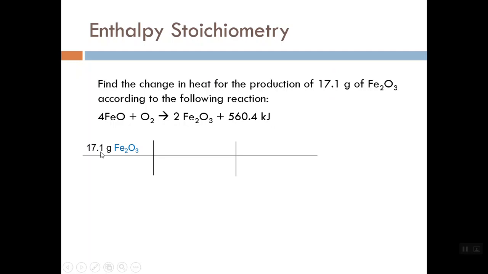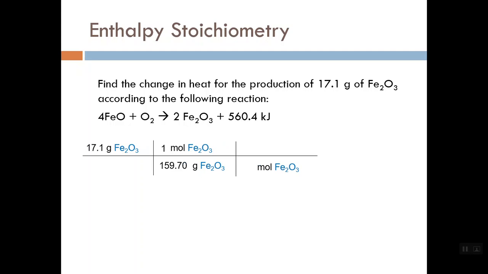So we are going to start with 17.1 grams of iron 3 oxide, and we're going to copy that unit down, grams of iron 3 oxide. And what do you think is going to go on top? Well, remember, there's only one thing that can go on top, one thing that is equal to grams of a substance, and that's moles of the same substance. So if you look at this setup, what does that look like? It's a molar mass, right? So we have 1 mole is equal to 159.70 grams of iron 3 oxide.